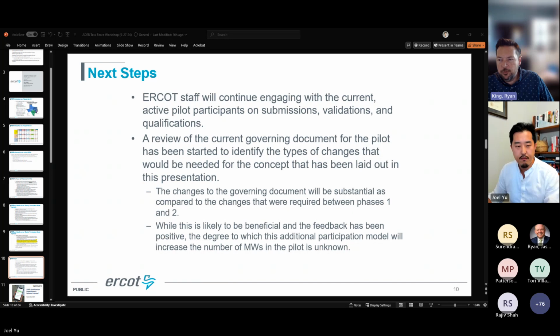And we'd also want the opportunity to share our initial drafts and get feedback, similar to what we did with respect to phase 2.